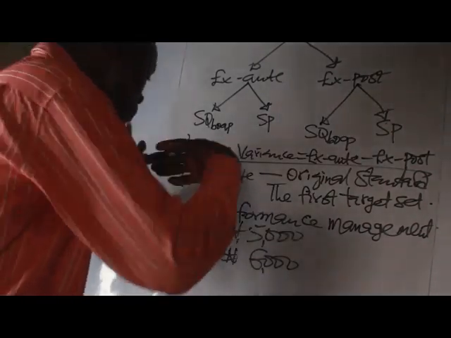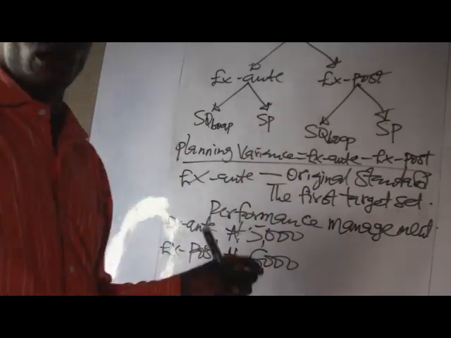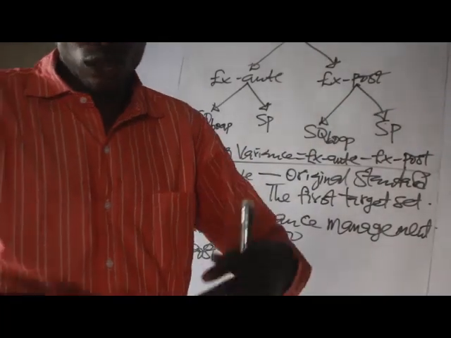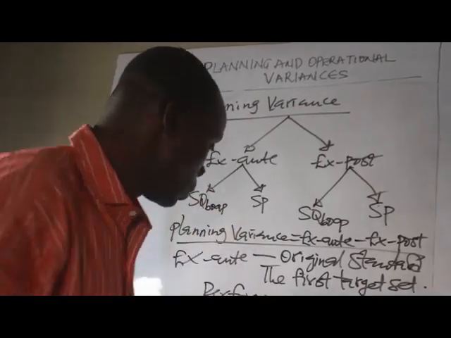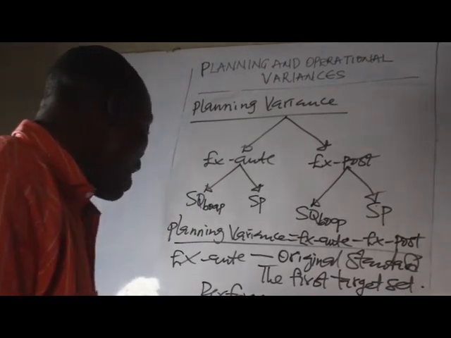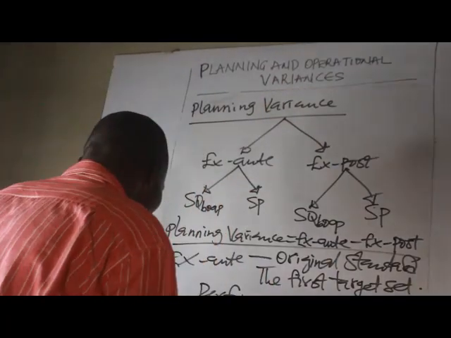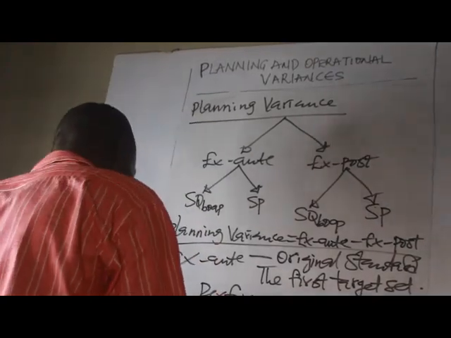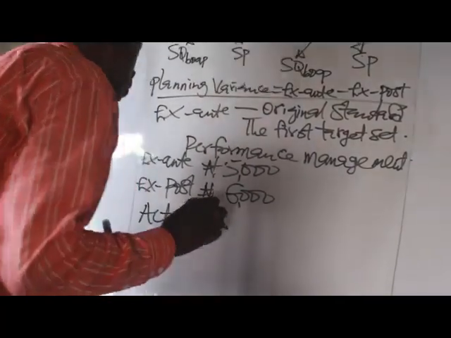There are a lot of factors that can make you alter your initial standard. Maybe you might alter it due to inflation. So that is ex post. Now, when you have your ex post, you might go to the market to purchase the book, and you might now have an actual.